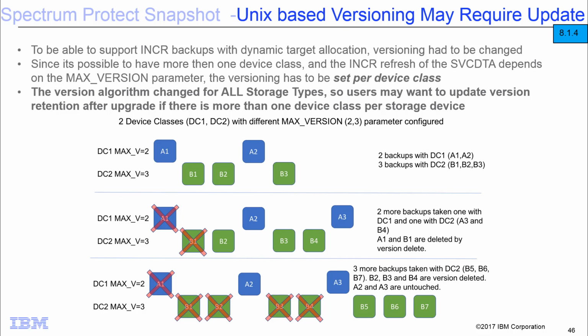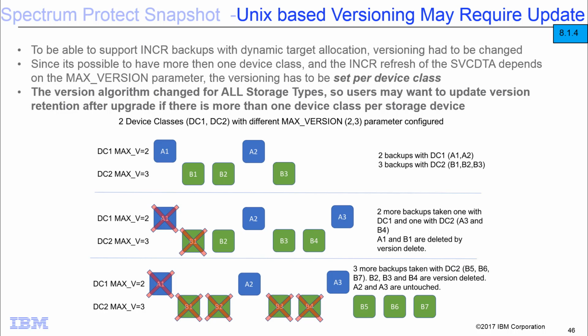Because with this new incremental backups, we may end up creating more snapshots than in previous versions of the product. And that's because the versioning now has to be set on a per device class basis.